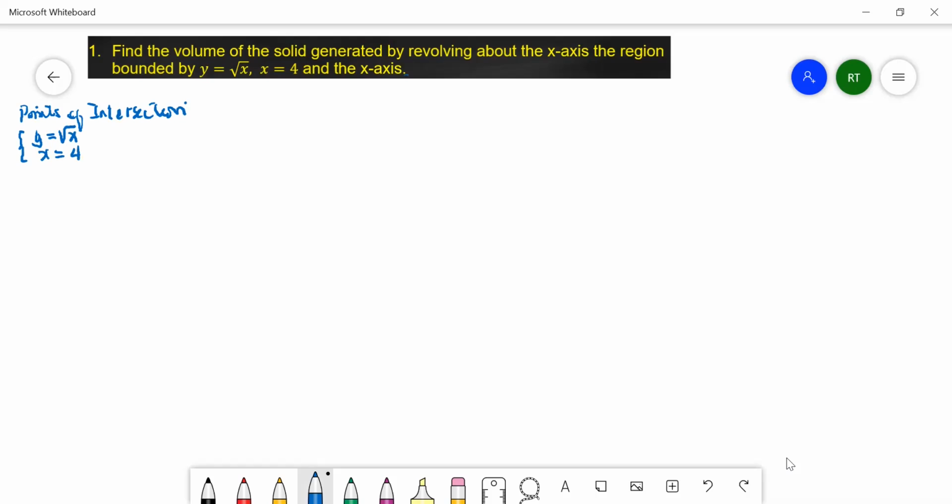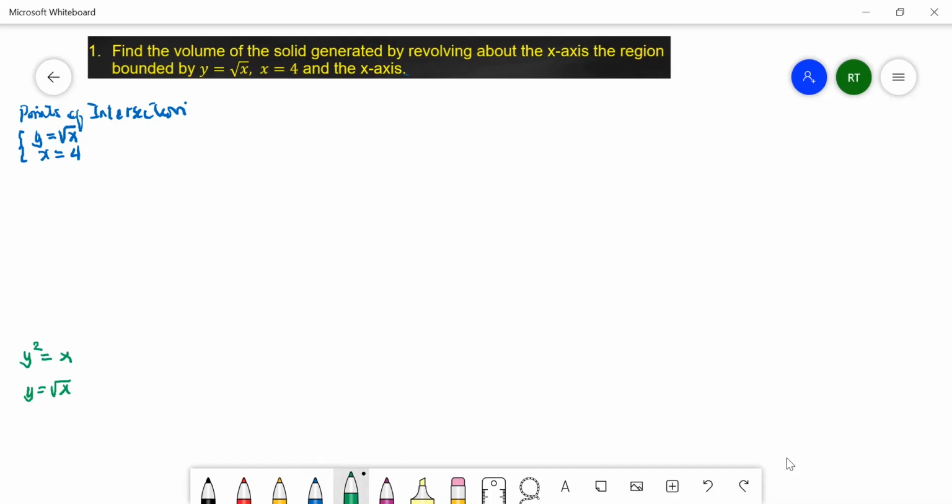Of course, x is equal to 4 is a vertical line, no? And what about y is equal to square root of x, no? To easily comprehend, okay? If we are going to consider y is equal to square root of x, this is actually one of the roots from the equation y square is equal to x.